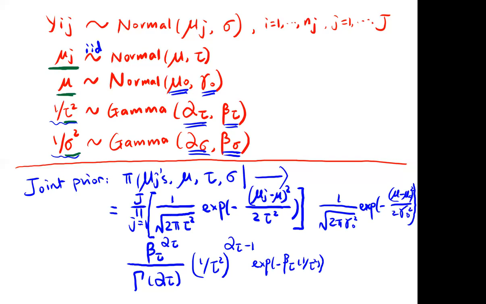And lastly, I have the part about sigma: beta sigma to the alpha sigma, divided by gamma of alpha sigma, times 1 over sigma squared to the power of alpha sigma minus 1, and then the exponent negative beta sigma times 1 over sigma squared. That's what I have.